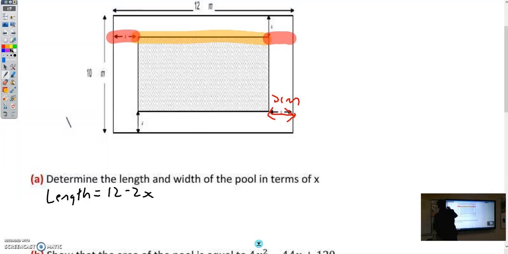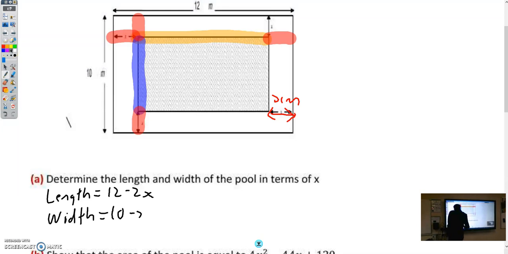Our width by the same relation, this area here, is equal to our 10 meters, take away another 2x. So our width is equal to 10 take away 2x. Now, I remind you, the length is always the longest side of a rectangle.